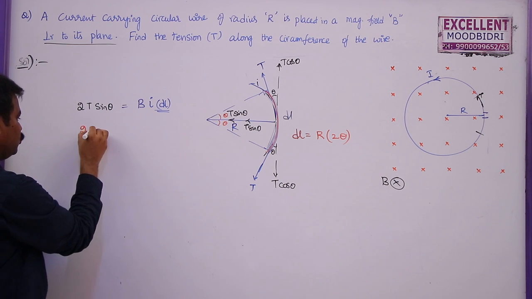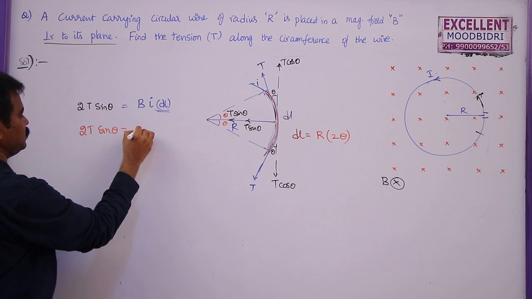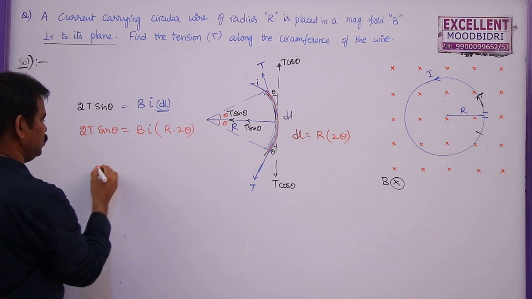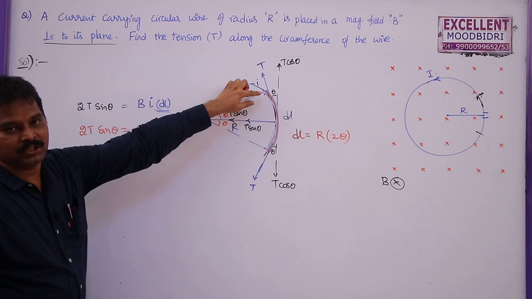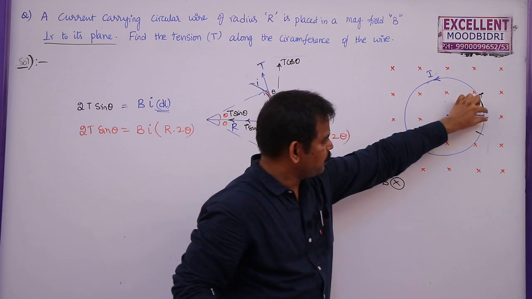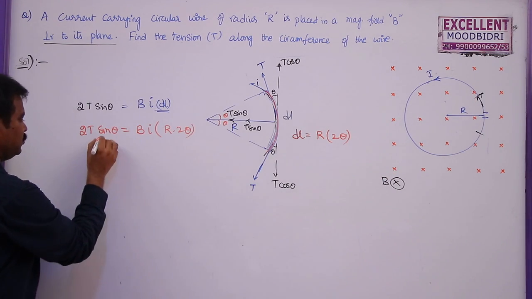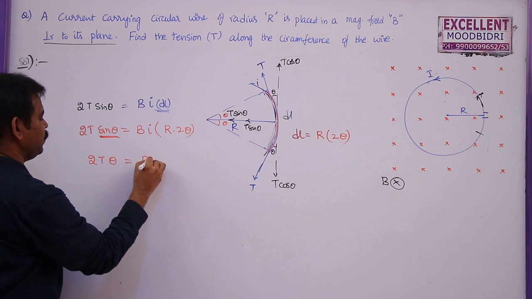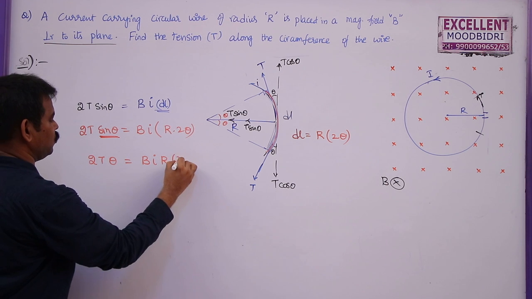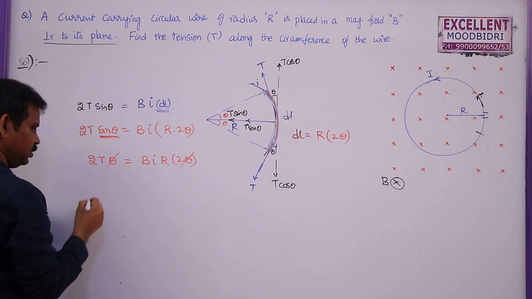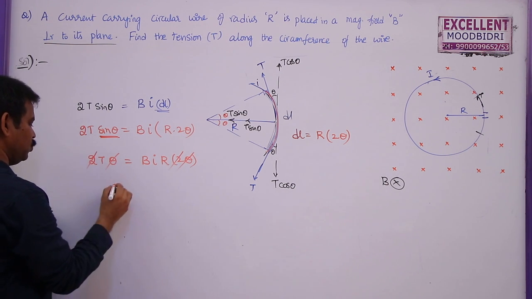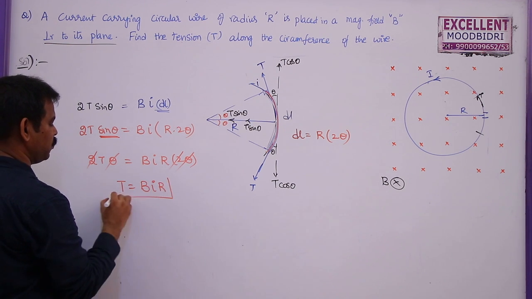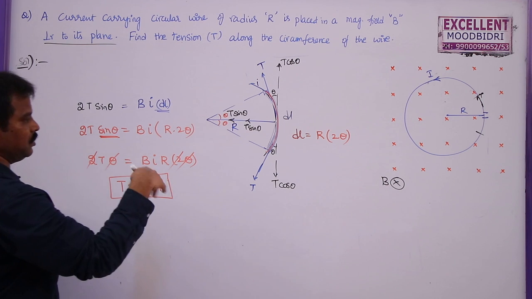So 2T sin theta is equal to BI into R into 2 theta. If this theta is very small, as I am taking a small portion of it, sin theta can be written as theta. So 2T into theta is equal to BIR into 2 theta. This theta gets cancelled, this 2 and 2 get cancelled. This tension along the circumference is the product of the magnetic field, current and radius of this circular path.